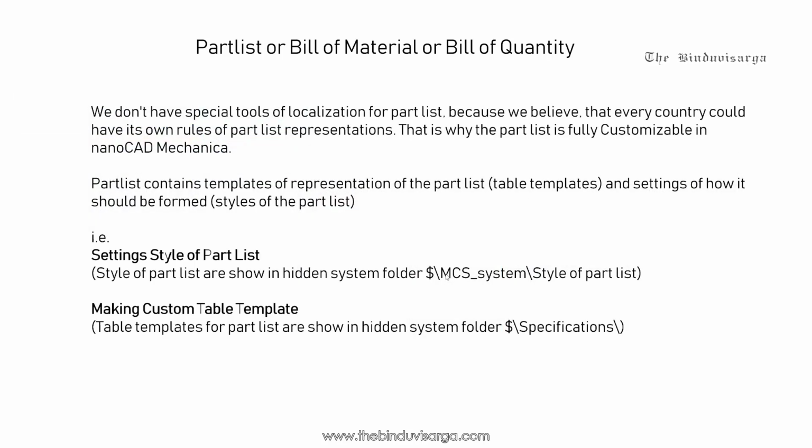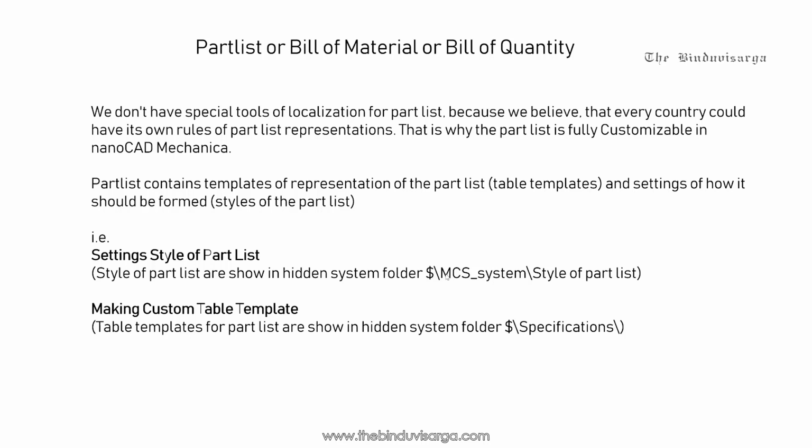We don't have special tools for localization of the part list, because we believe that every country could have its own rules of part list representation. That is why the part list is fully customizable in nanoCAD Mechanica.